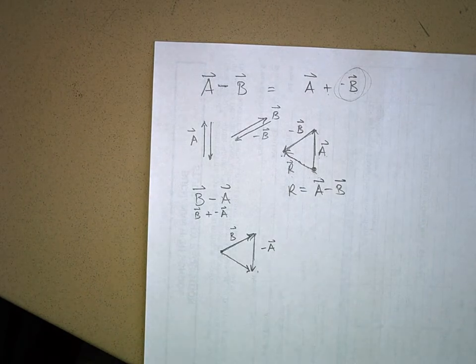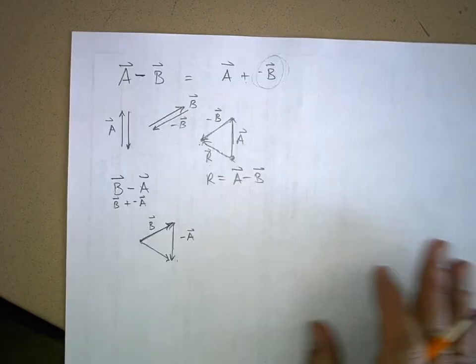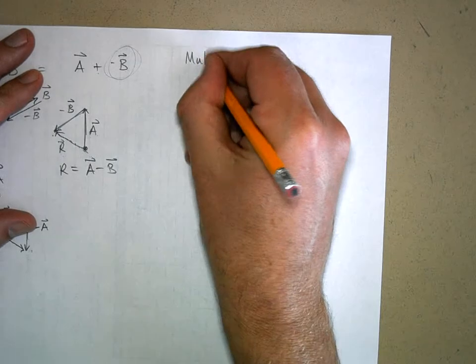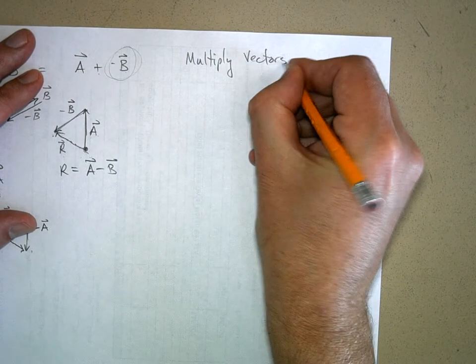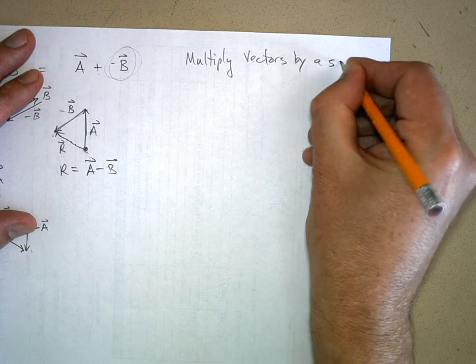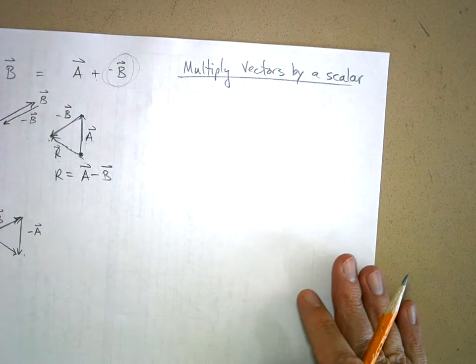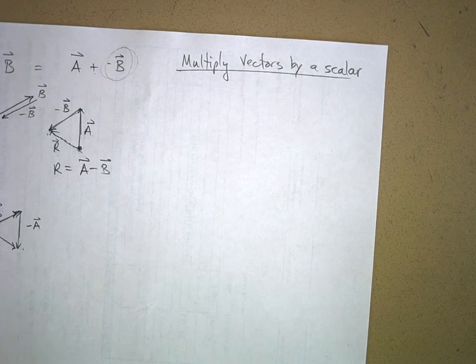So that's vector subtraction. Oh, last thing, we're going to talk about multiplying vectors by a scalar. Now, hey, there's several kinds of multiplication when you have vectors.